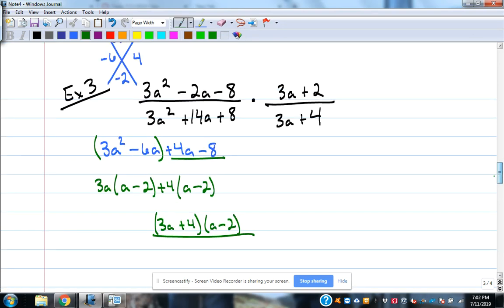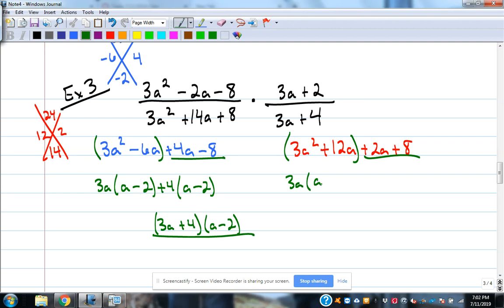And let's factor that denominator. Same method, using the x method of factoring. 3 times 8 is positive 24, and 14 goes in the bottom. 12 and 2. And again, I'm going to write 3a squared plus 12a plus 2a plus 8. And group: the 3a times a plus 4, plus 2 times a plus 4.